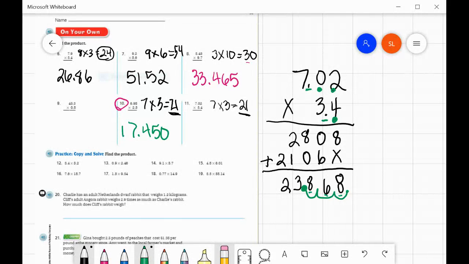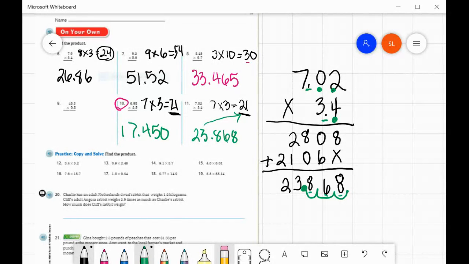I have 3 places behind the decimal because there are 3 places behind the decimal here. So my answer is 23.868. 23 is reasonable. It's close to 21. So that answer is reasonable.